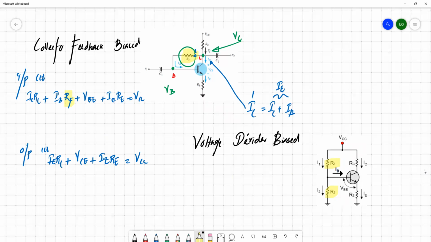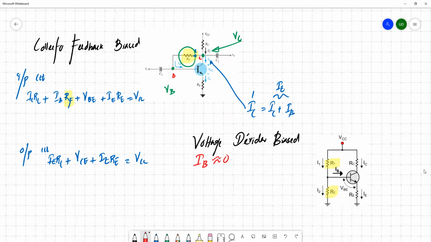You can either analyze this by assuming that the base current is very small, so the base current is pretty much equal to 0.